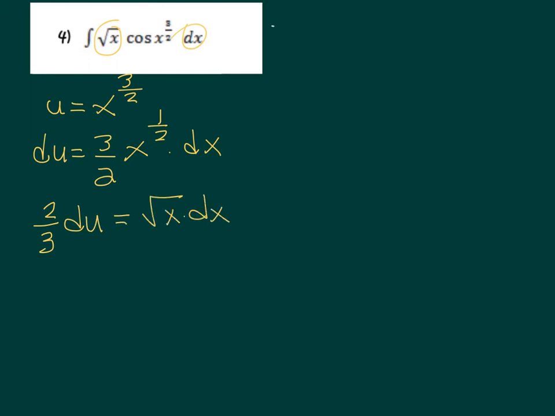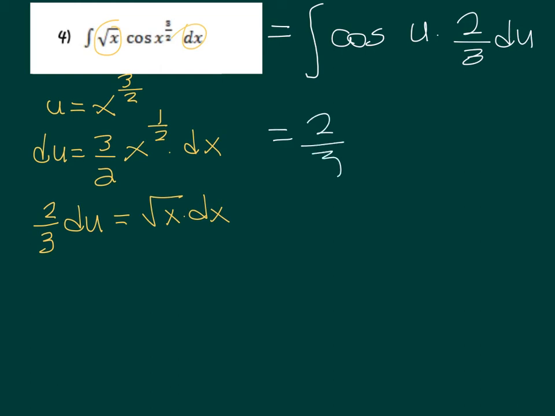So rewriting the function with a different variable, we will have the integral of cosine of u times 2/3 du. So you write the constant out of the integral sign, and so you have 2/3 times the integral of cosine of u times du.